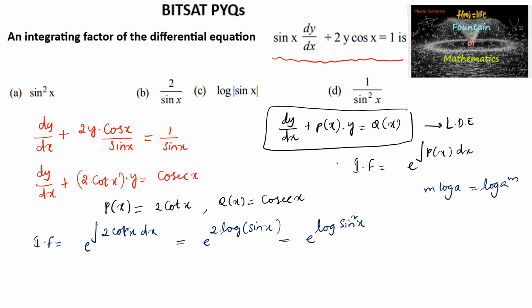Also here the base is considered e, and we know the property e to the power log a to the base e is equal to a. So the simplification is sin square x. So we can say the integrating factor of this differential equation is option A, sin square x.